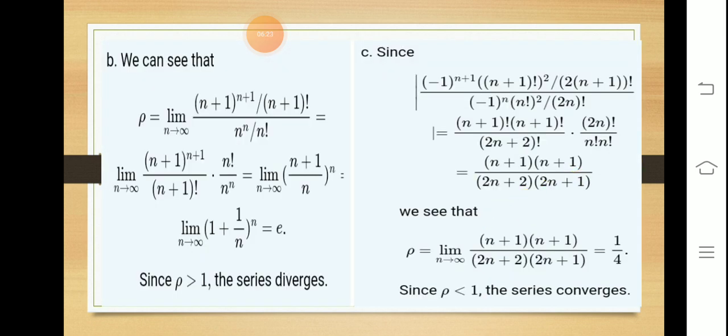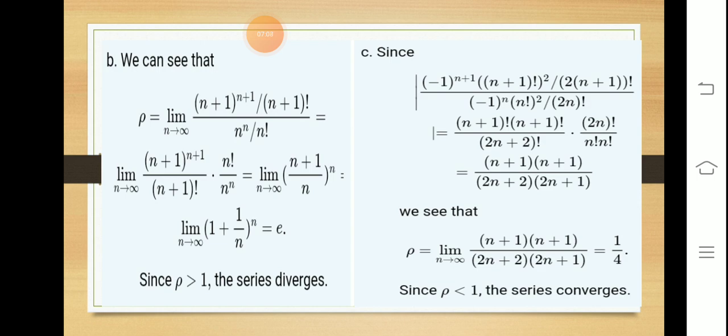The ratio is n plus 1 factorial times n plus 1 factorial over 2n plus 2 factorial, times 2n factorial over n factorial squared, which equals n plus 1 times n plus 1 over 2n plus 2 times 2n plus 1.